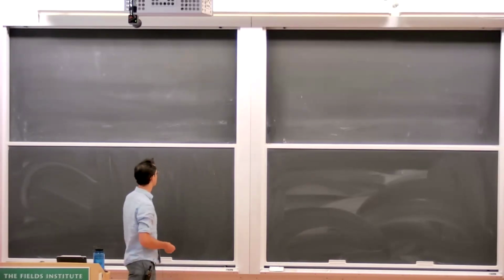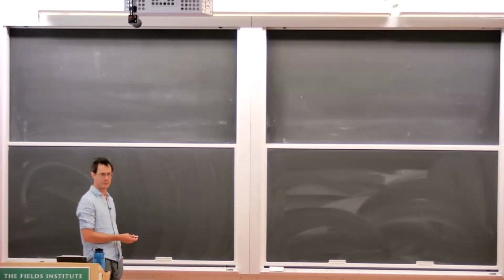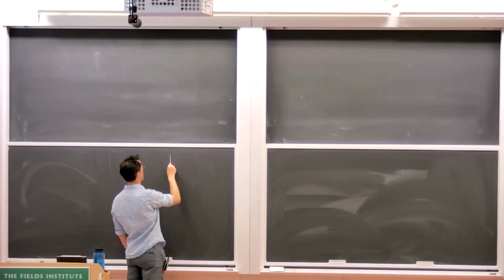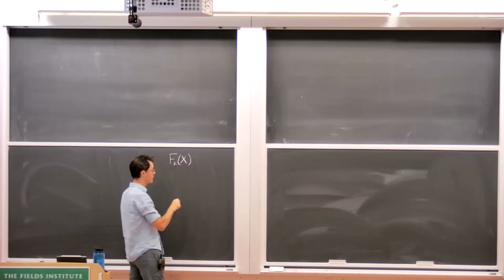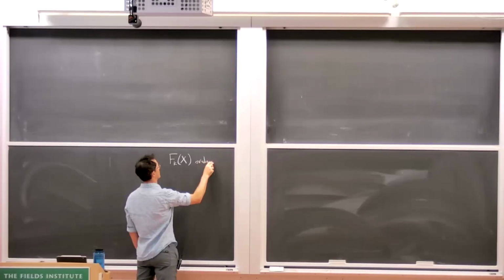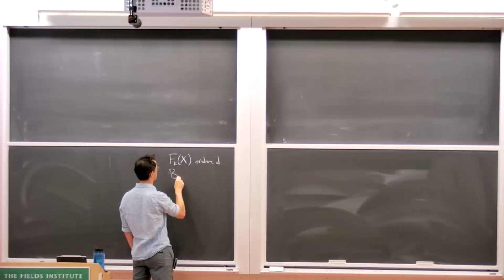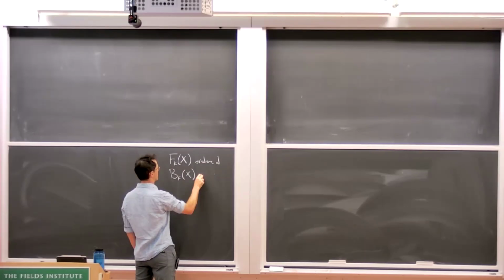Right, so let's just remember what happened yesterday very briefly. We're talking about configuration spaces, which come in two flavors. There's FK, which is the ordered configuration space, and BK, which is the unordered configuration space.